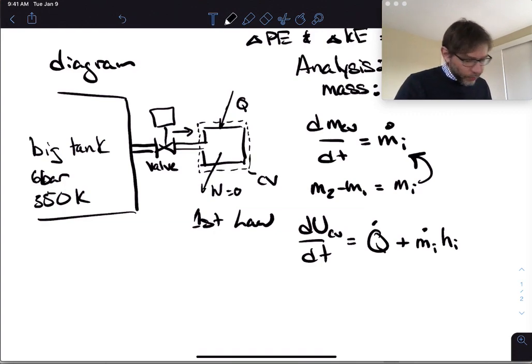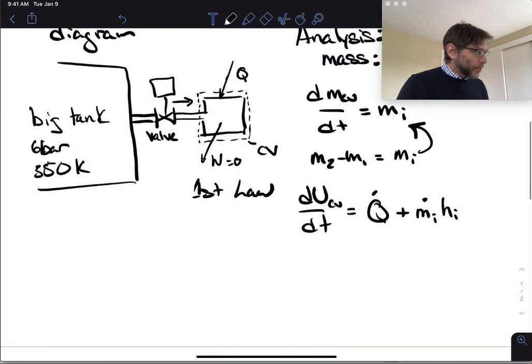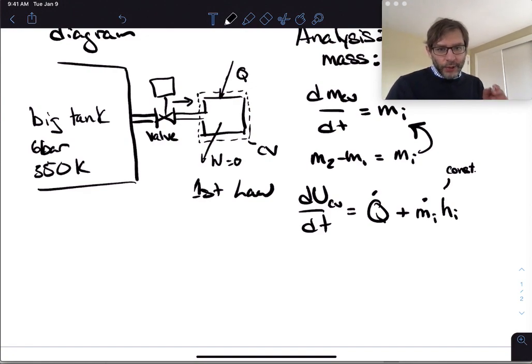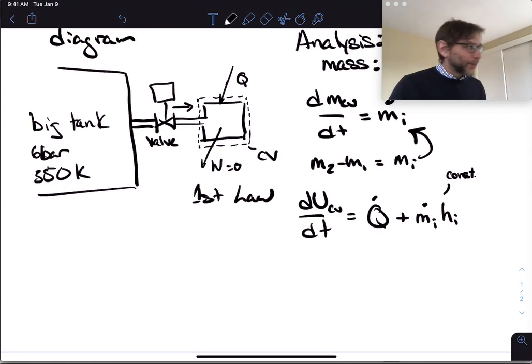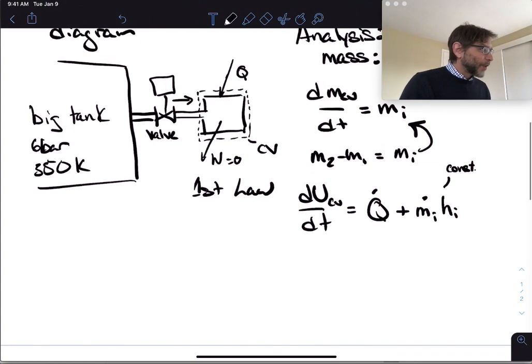There's nothing leaving, there are no leaks in this tank. So this would be the rate expression version. If h_i remains constant, which we assumed because the temperature is remaining constant, remember, for an ideal gas, h is only dependent on the temperature. I'm going to say that over and over until you get it. I'm sure a lot of you already have it, but I'll keep saying it anyhow.